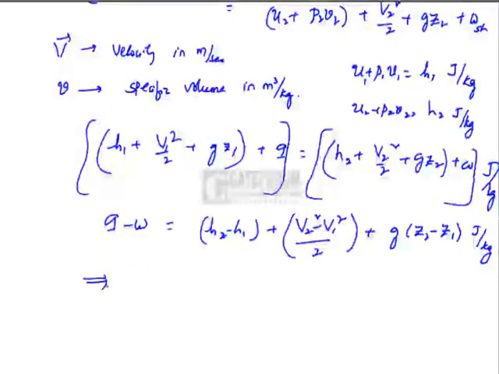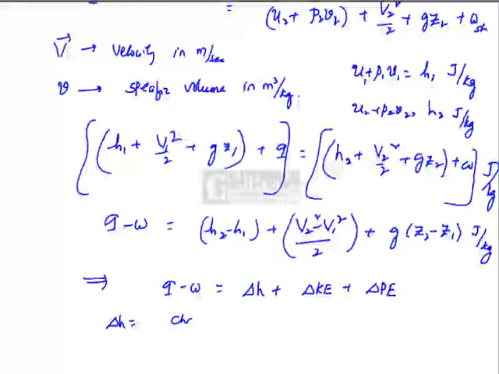It can also be written as q minus w is equal to delta H plus delta KE plus delta PE, where delta H is equal to change in enthalpy, that is equal to H2 minus H1.